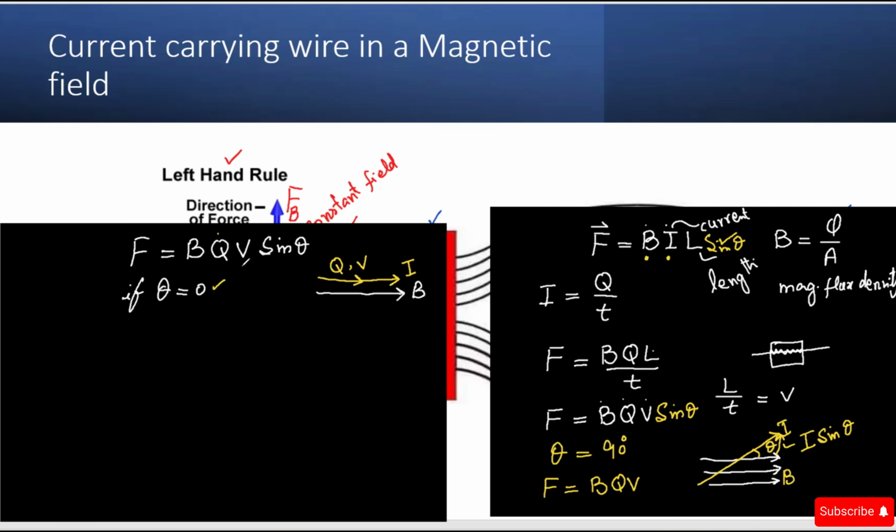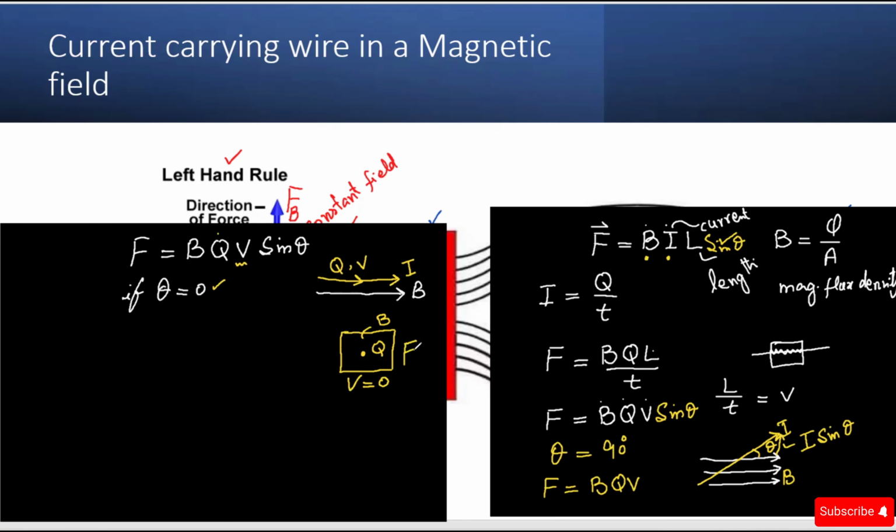Second thing is from the velocity. If, for example, I have some magnetic field and I put a charged particle Q here with its velocity 0, meaning that this charged particle is at rest, then in that case again our force will be 0.